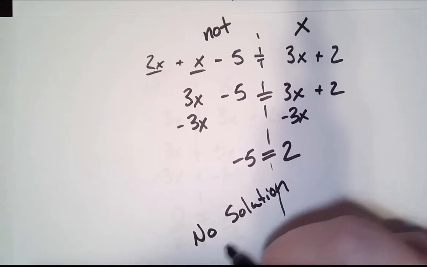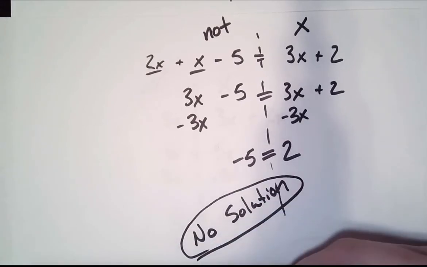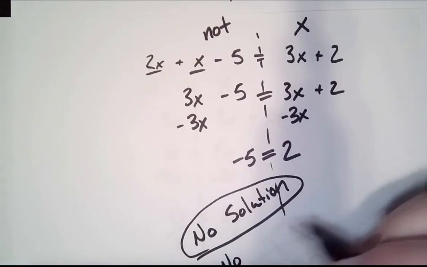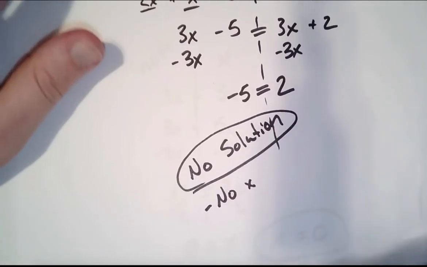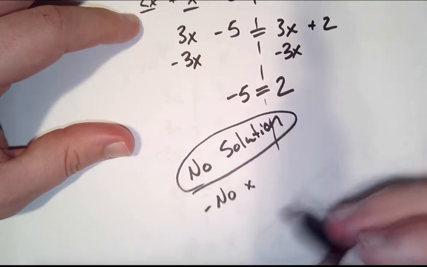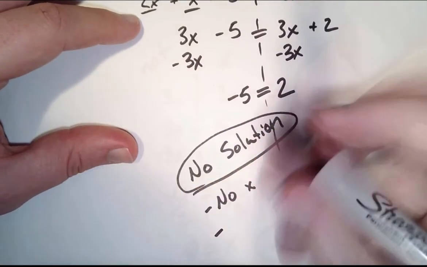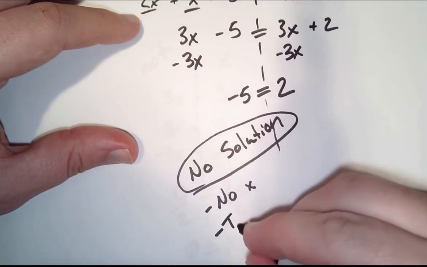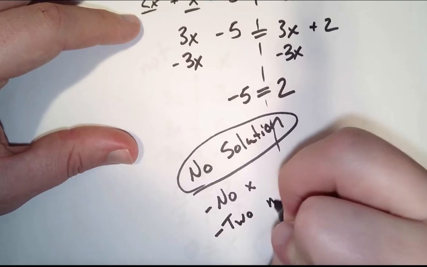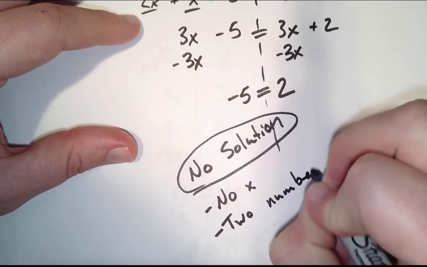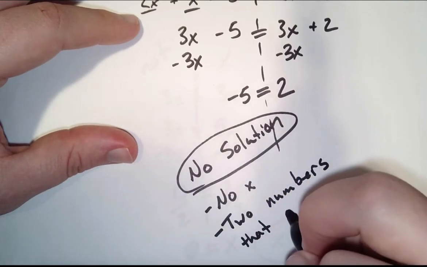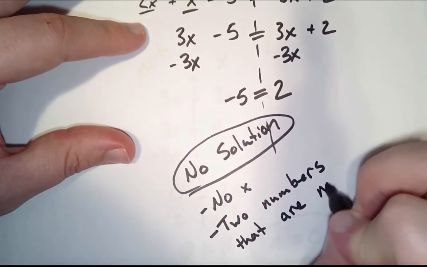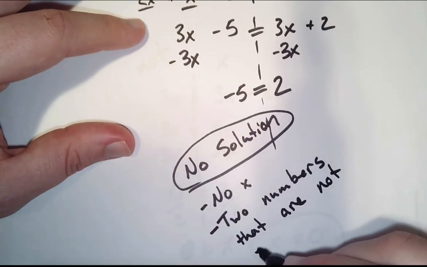In order to have no solution, I need to have no x or any other variable, whatever your variable is. Mine's x, so I just wrote no x. And I need to have two numbers that are not equal.